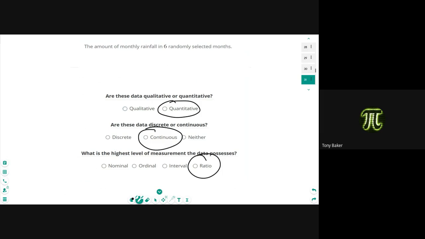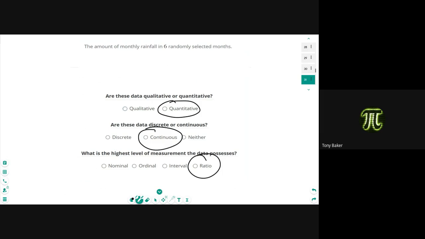Oh no, it is interval. But remember what I was saying when we're stacking them: ratio is higher on the level than interval. So because it's ratio, it still meets the criteria for interval, and it even meets the criteria for ordinal because I can put them in order. Ratio is just the highest level of measurement, so that's what we pick. It's almost like a pyramid stacking.